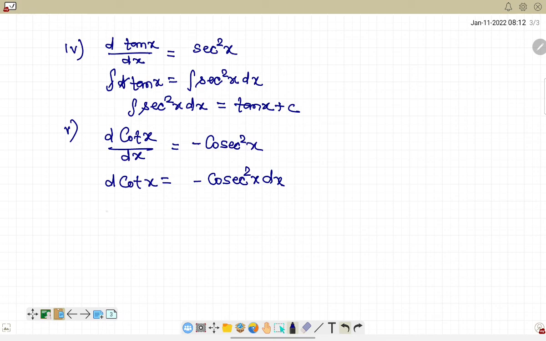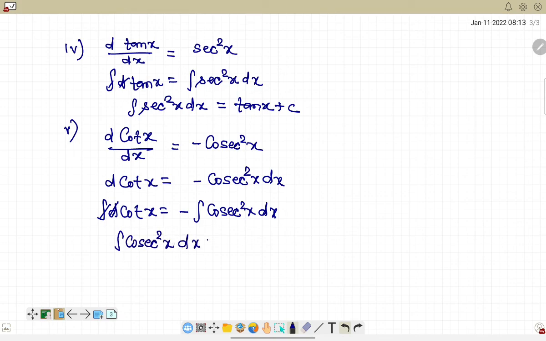Then we will get integration of d cot x is equal to minus integral of cosec square x into dx. Now these two signs will cancel, so finally we will get integration of cosec square x dx is equal to, shifting the minus sign to the left-hand side, minus cot x plus c. Generally when we use trigonometric ratios like cos and cosec, we use a minus sign on the left-hand side or right-hand side. Next part is secant x.